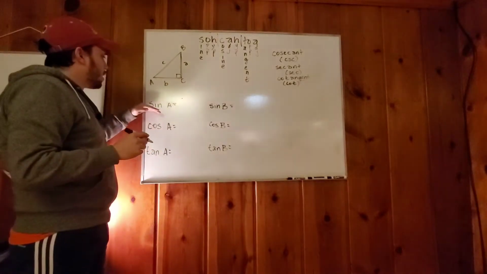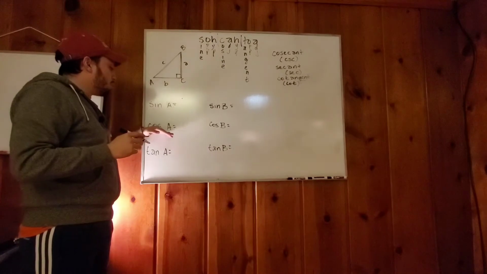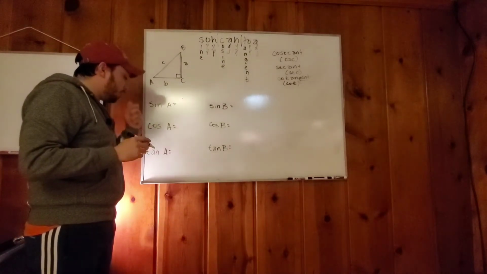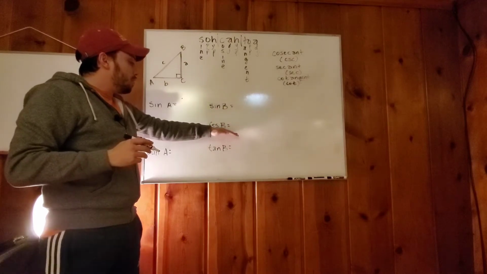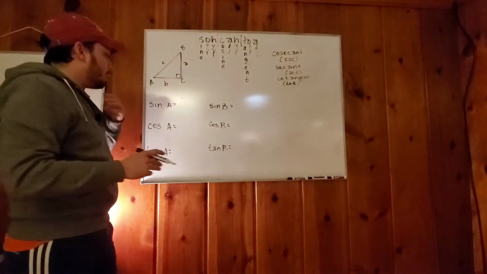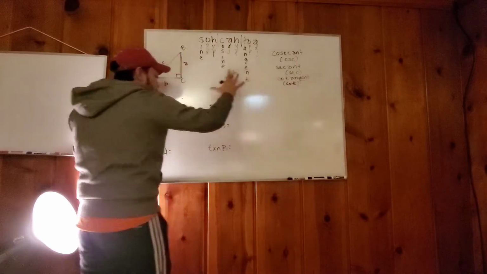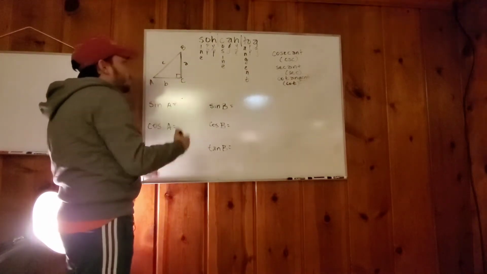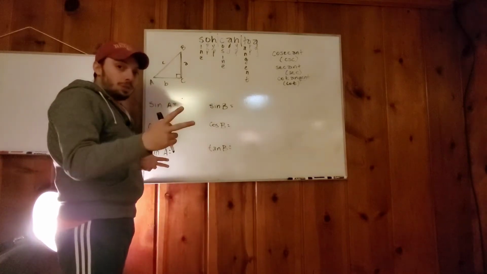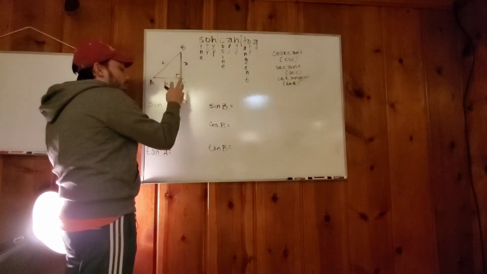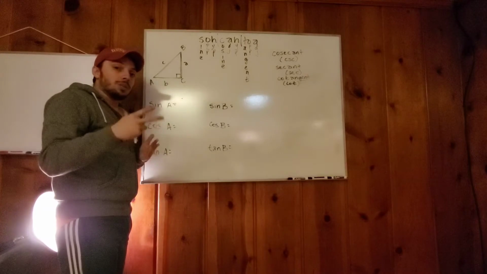So in here, I got sine of angle A, cosine of angle A, and tangent of angle A. And in here, I have sine of angle B, cosine of angle B, tangent of angle B. All right, let's not worry about the new ones yet. Let's worry about this one. So it's going to be a ratio, okay? A ratio is the comparison between two things. And in this particular instance it is going to be a ratio between two sides.